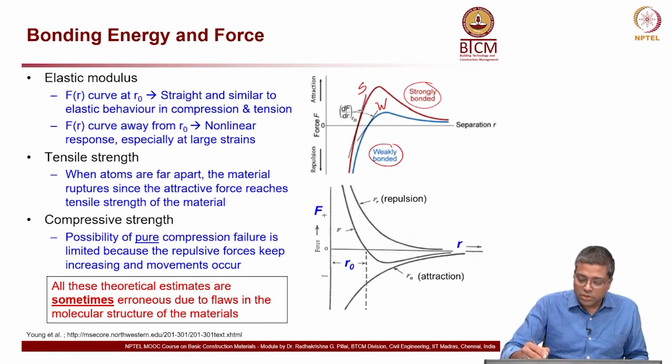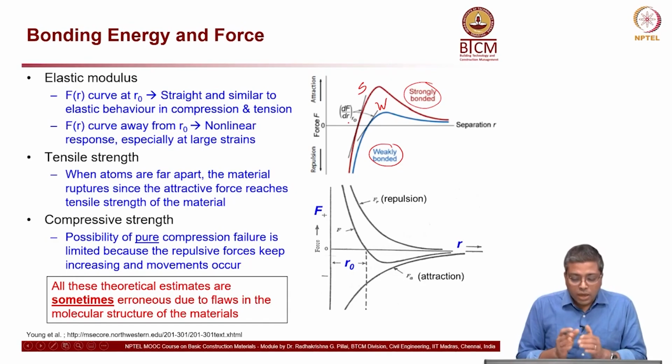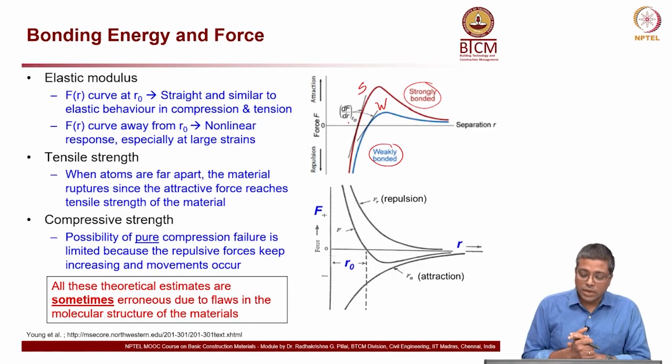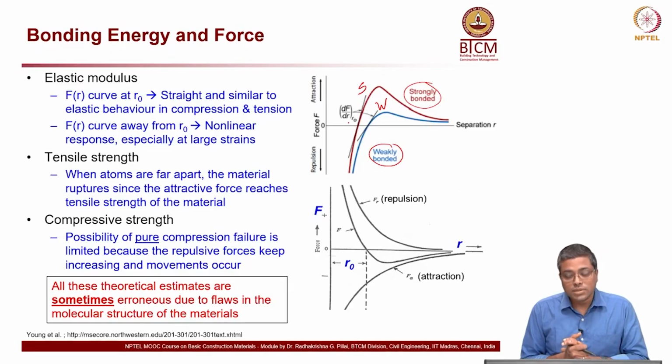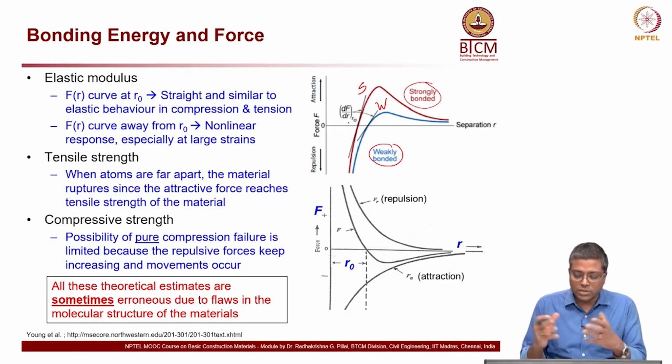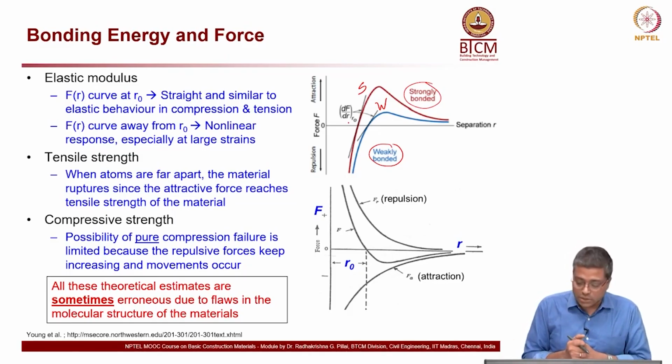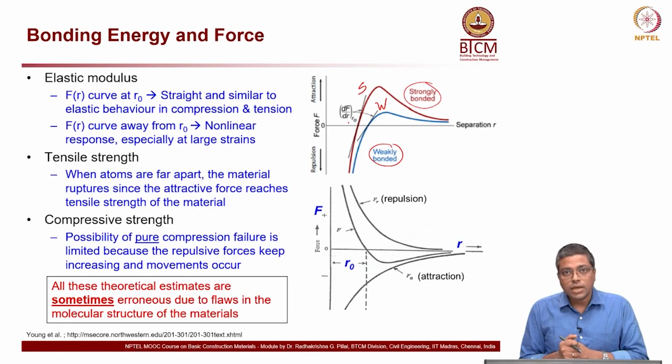So, the slope of these two lines. And the fact that it is straight there indicates we can determine the modulus of elasticity. If I convert that into stress and strain, then I can actually calculate the modulus of elasticity.